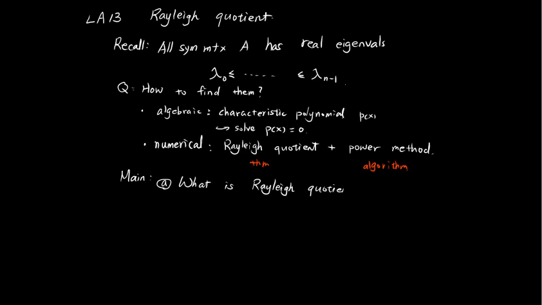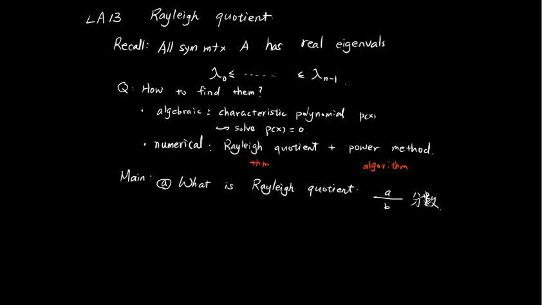Rayleigh is the name of a mathematician, and quotient just means something of this form, a over b, like a fraction, which in Chinese we call 分数.